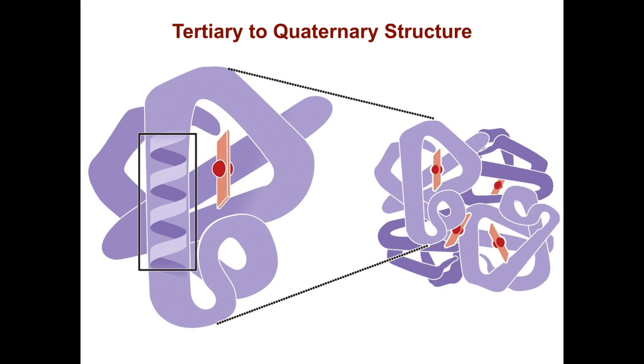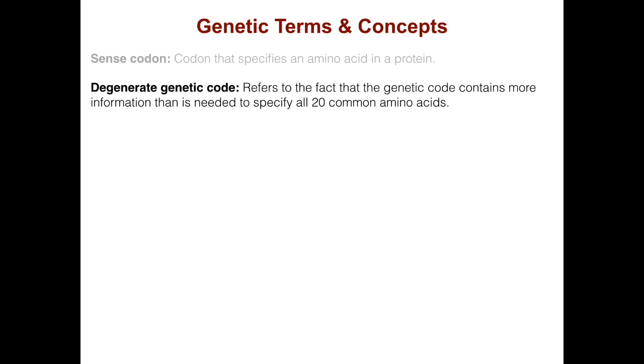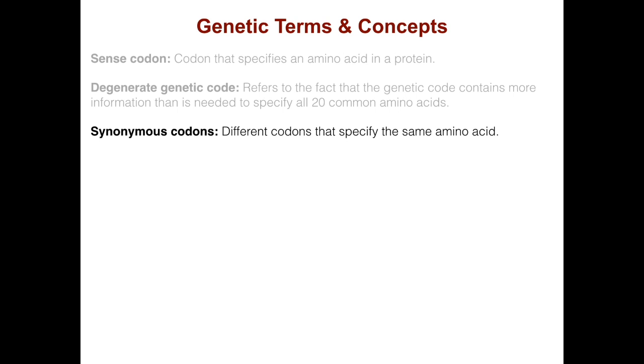So here are some genetic terms and concepts I want you to remember. Sense codon, a codon that specifies an amino acid in a protein. Degenerate genetic code refers to the fact that the genetic code contains more information than is needed to specify all 20 common amino acids. Synonymous codons, different codons that specify the same amino acid.